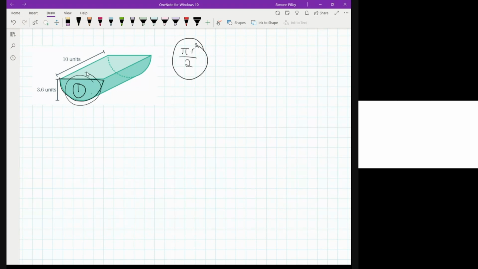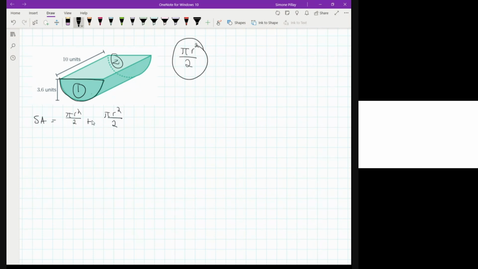Thank you, ma'am. Now, though, what I want you guys to see is you could go surface area equals pi r squared divided by 2. Plus, if this is face number 2, you could go again pi r squared divided by 2.